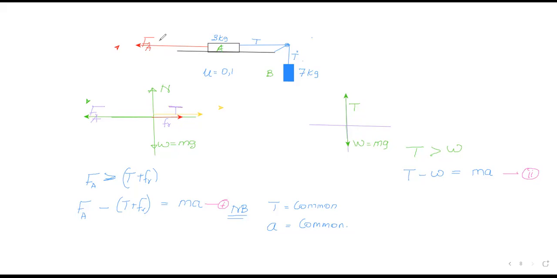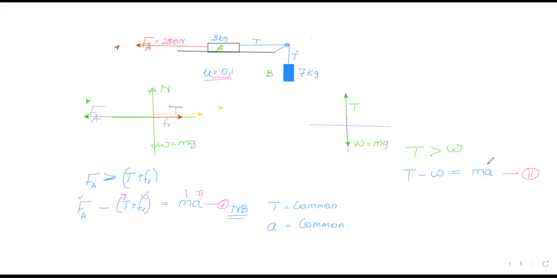Let's say you are given here the applied force was 2,000 newtons. You will substitute that for 2,000. This you don't know. This you can calculate because you are given the coefficient of friction. The mass, you know, is 3 kg. This is unknown.